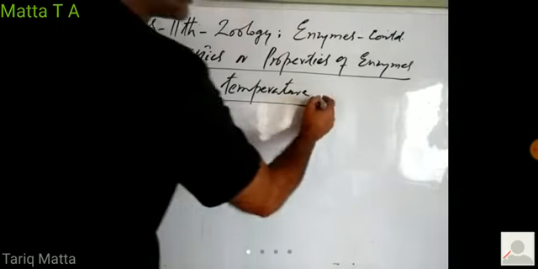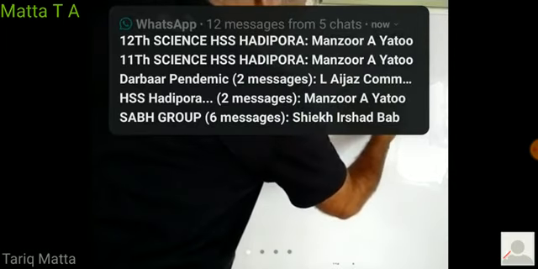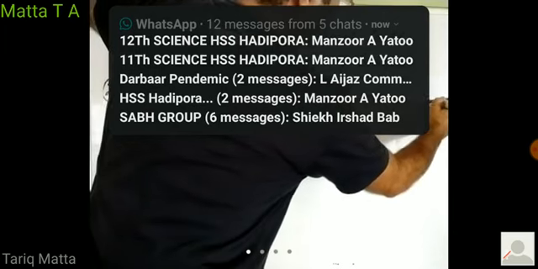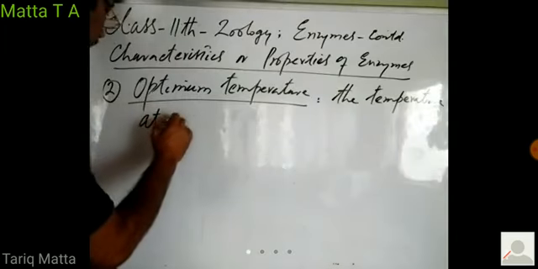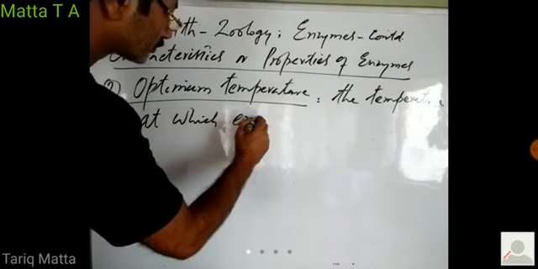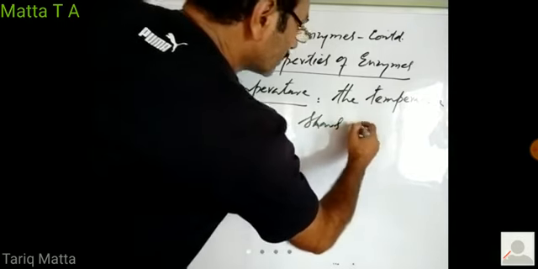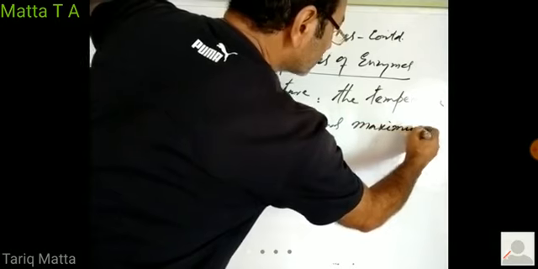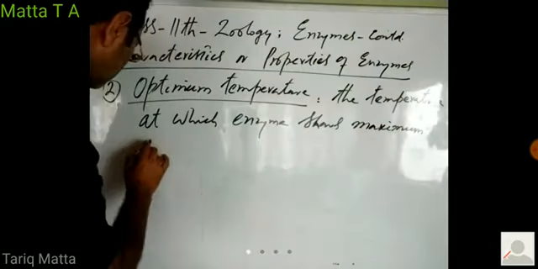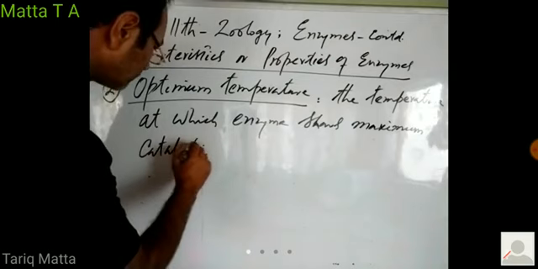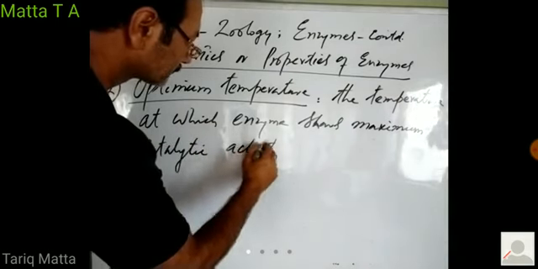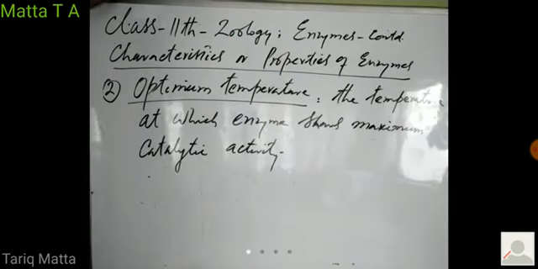The temperature at which the enzyme shows maximum catalytic activity is known as its optimum temperature.